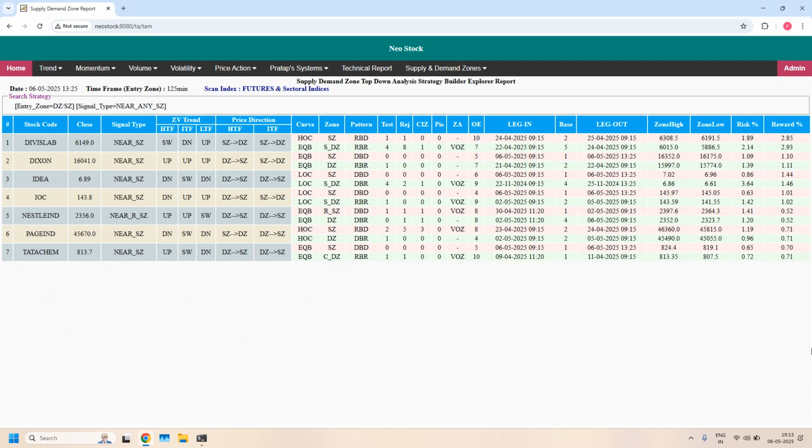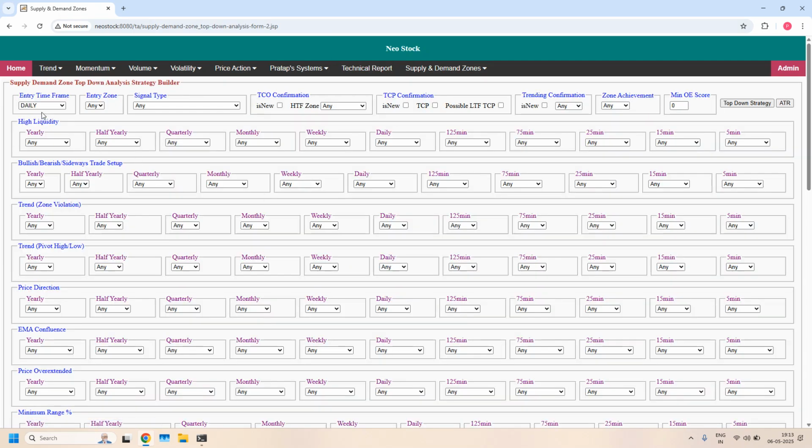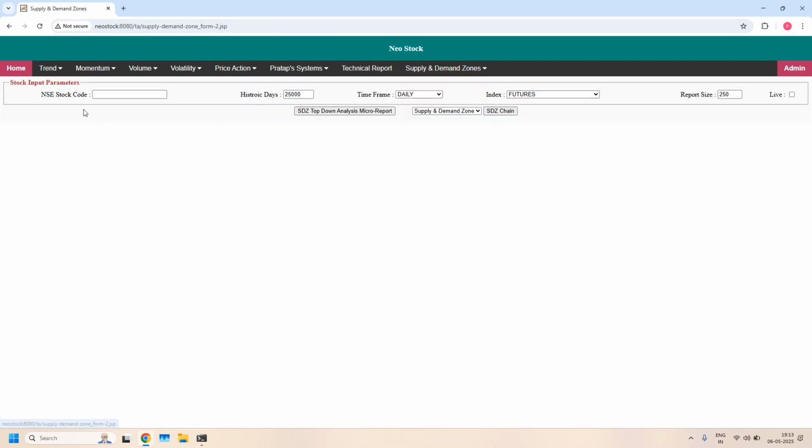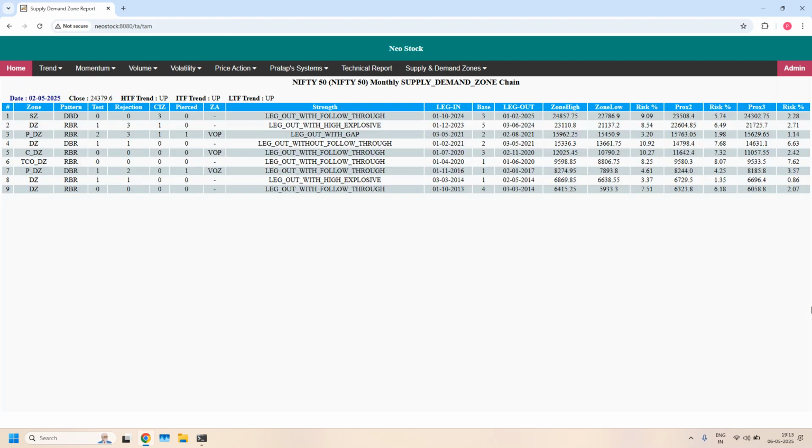Okay, now I am going to generate Nifty and Bank Nifty supply demand zone chain. Starting with Nifty, generating monthly supply demand zone chain for Nifty. This is Nifty monthly supply demand zone chain.